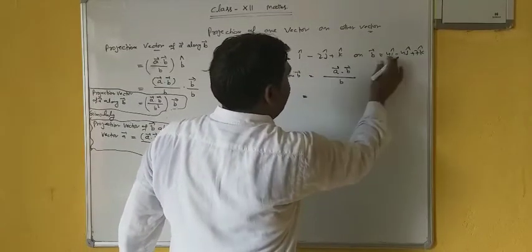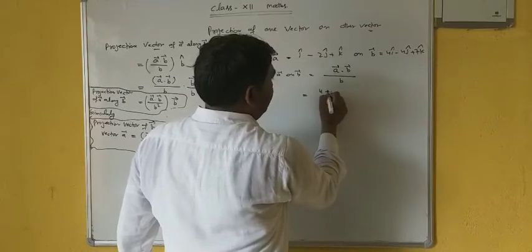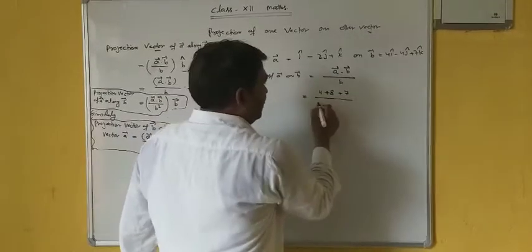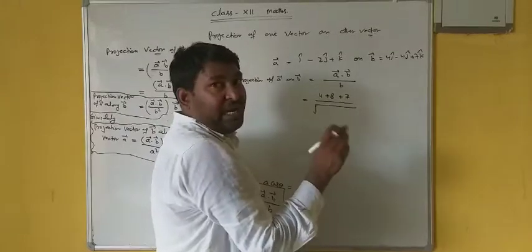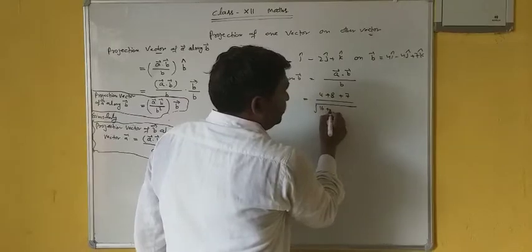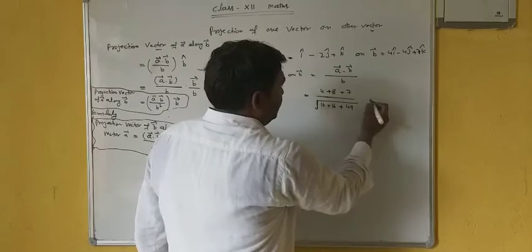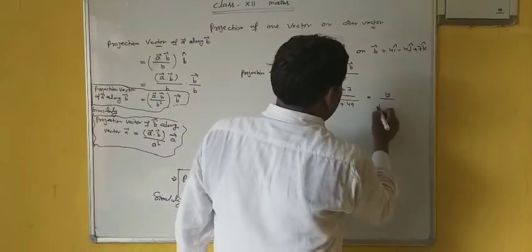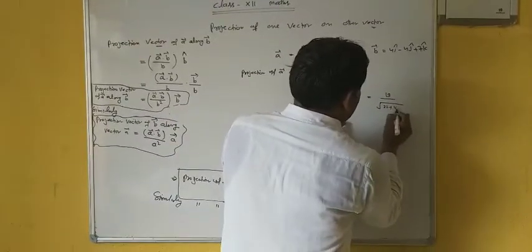A dot B, dot product of these two: i with i, 4; j with j, minus times minus is plus, 4 to the 8; plus 7, divided by modulus of B vector, under root of the sum of squares of the coefficients of i, j and k. So for B vector, 4 square is 16, minus 4 whole square again 16, plus 49. So this will give you what? 19 divided by under root 32 plus 49.